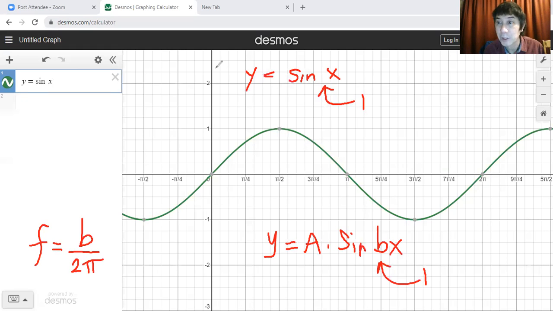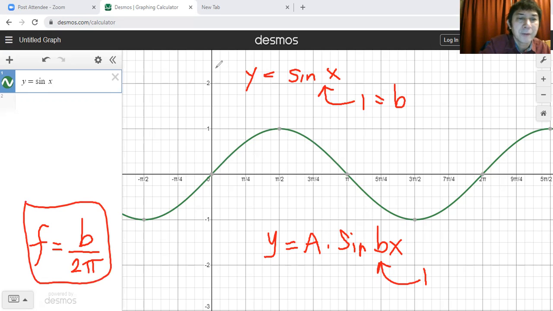This is the frequency, the number of cycles per period. By using this formula, the number b here is 1, so our frequency is equal to 1 over 2 pi.